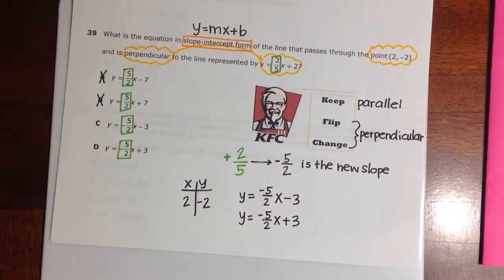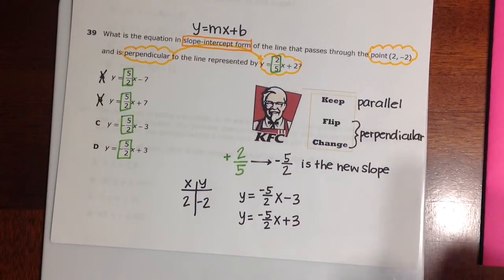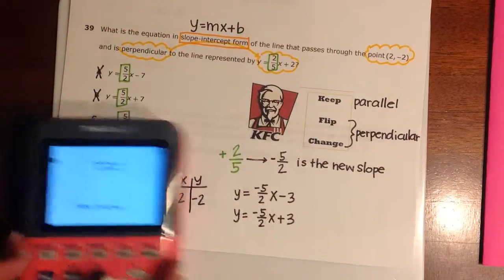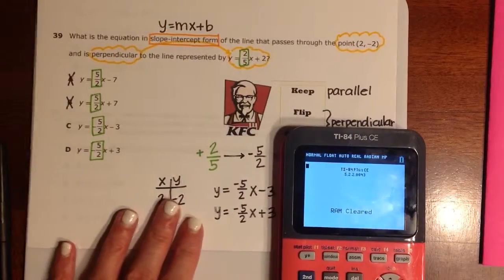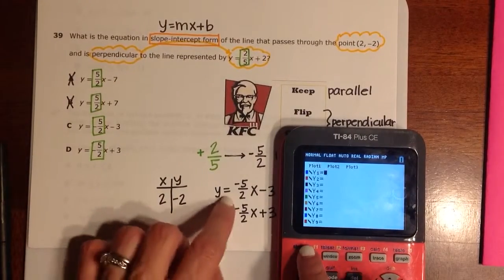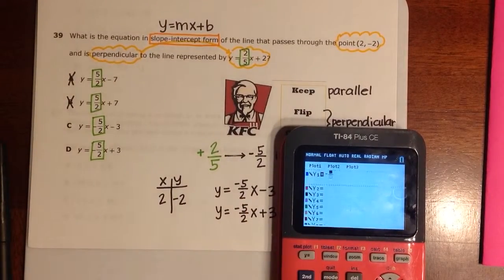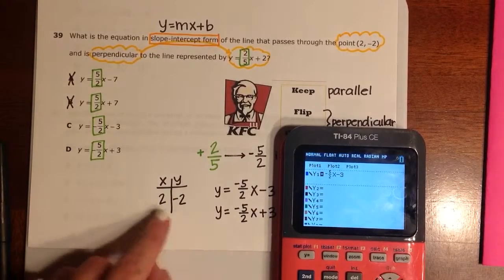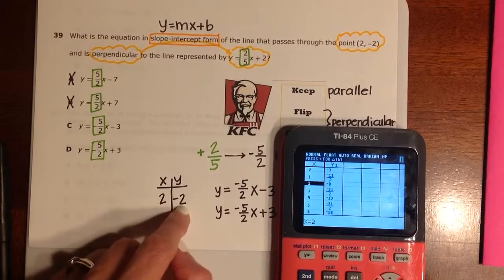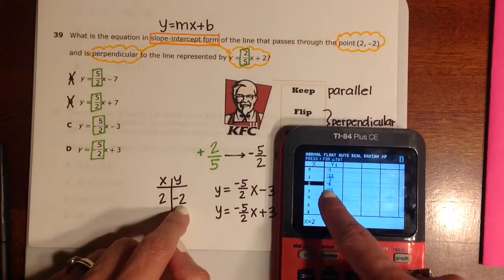Which one? So I'm going to go to my table. I'm going to clear my calculator first. Try to get the glare off. Alright, so I'm going to go to Y equals, and I'm going to type in -5/2 X -3. And I'm going to go to my table, and I'm going to say when X is 2, is Y -2? Well, you can clearly see it is not.